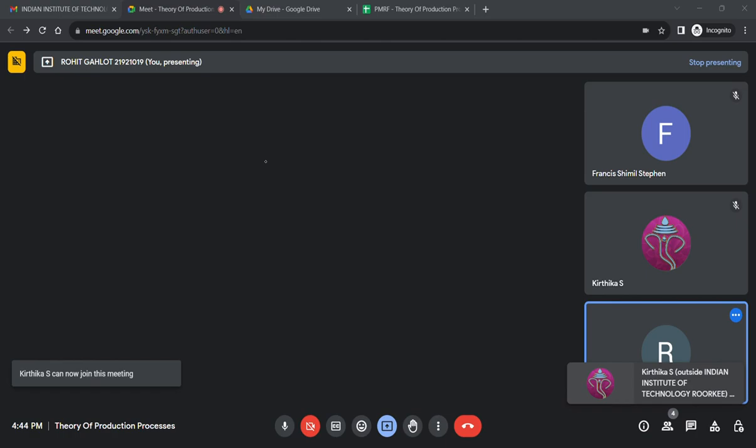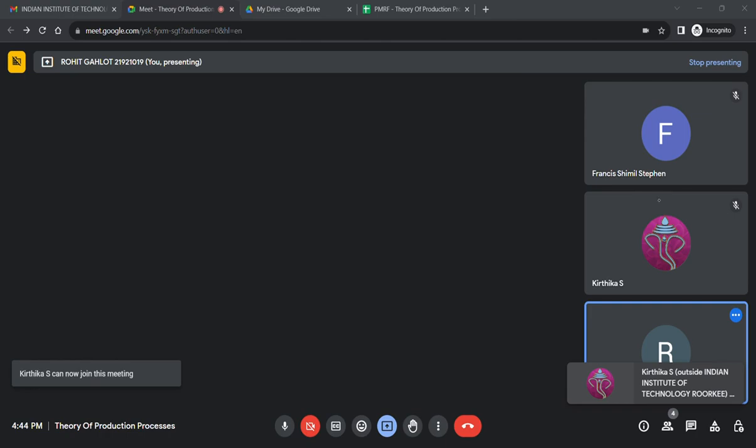In Chvorinov's law, I think it has already been discussed by Professor Jha, and he solved many problems in one of the lectures also. I think you all went through that, so this is related to that video only. So the solidification time of the casting is 2 minutes. Now in Chvorinov's law, for estimating total solidification time, the exponent is 2.